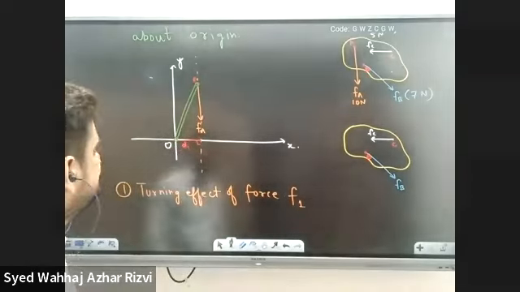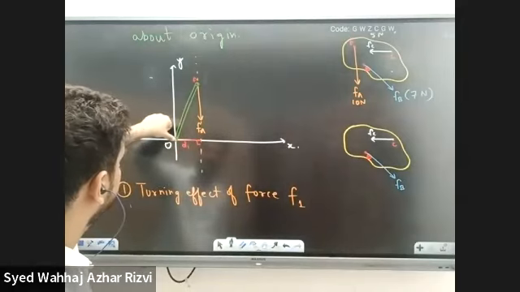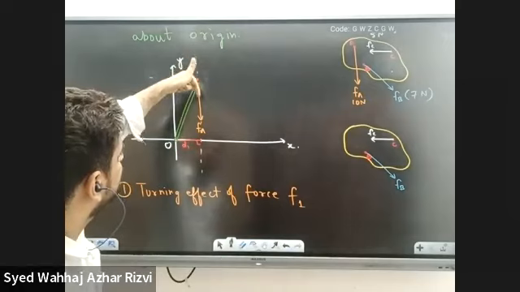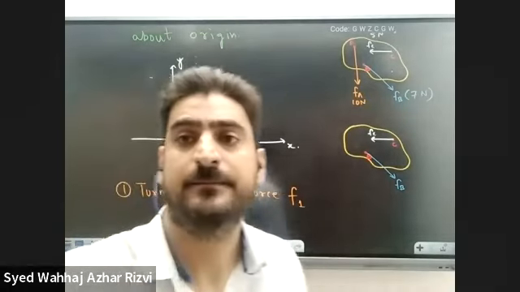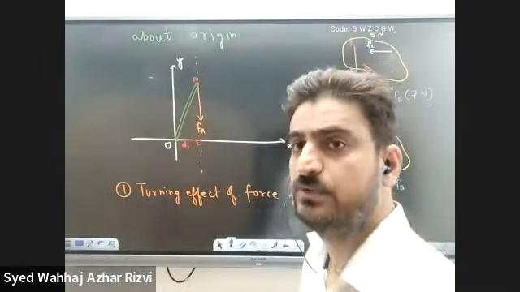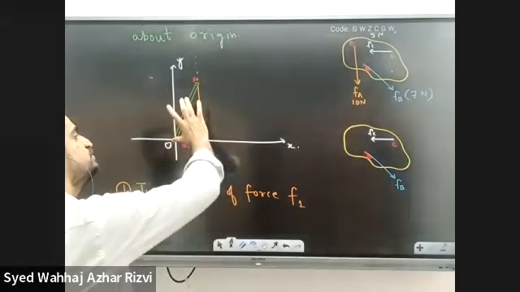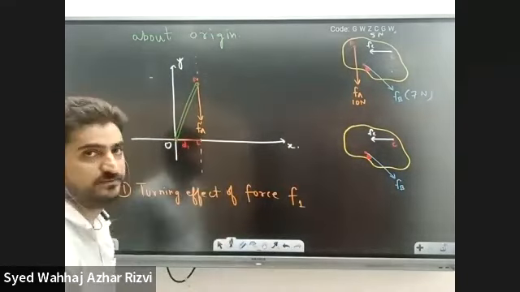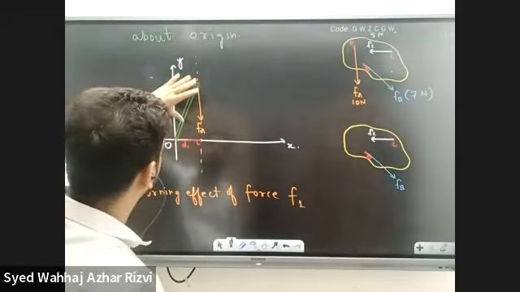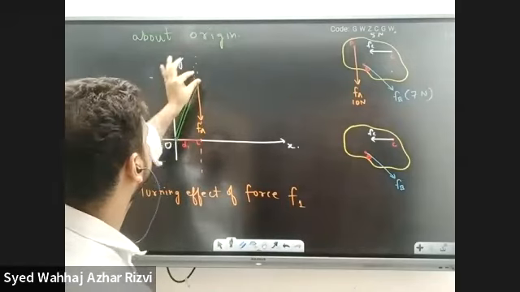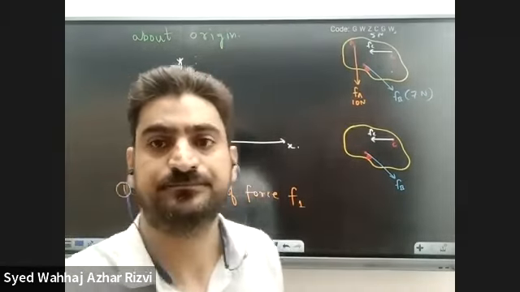And we imagine that we have pinned it down at the origin, and we are applying the force Fa. What would the force Fa do to this green rod? Okay. What would this force Fa do to the green rod if I'm holding this green rod at the origin in our fingers?